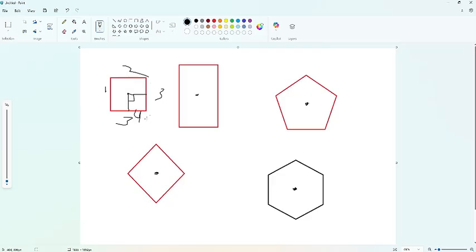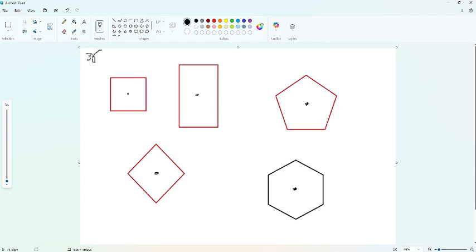We're rotating clockwise. 3 goes here, 4 goes here, 1 goes here, 2 goes here, but it still maps onto itself. This is because whatever rotational symmetry you have, it's always, well, not always, because a square has 4 sides.